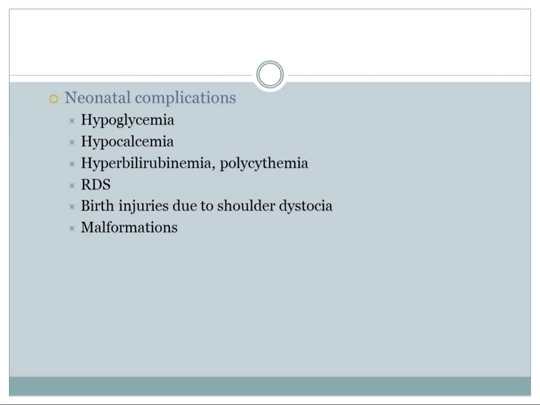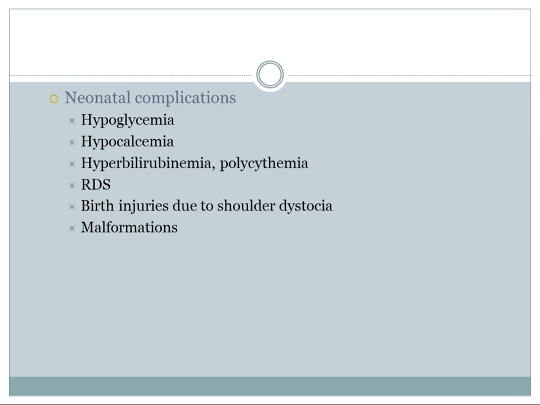So for some period this excessive production of insulin will continue even after birth, and that will act on the glucose and cause hypoglycemia. So neonatal hypoglycemia is a big danger in babies born to diabetic mothers.